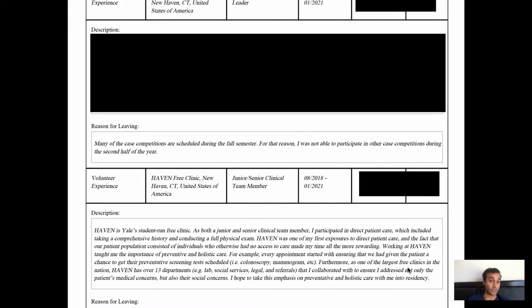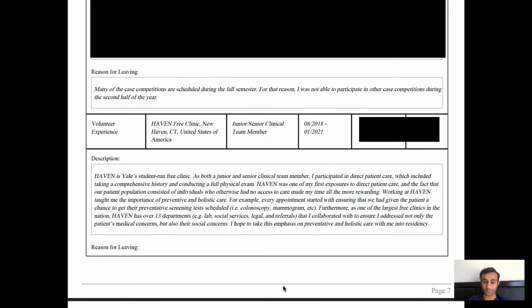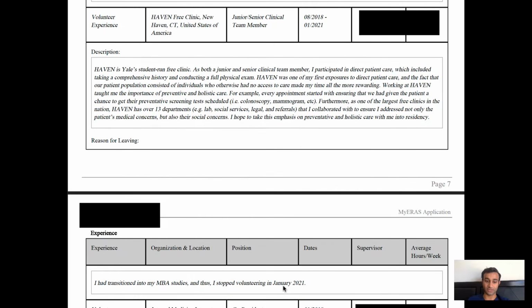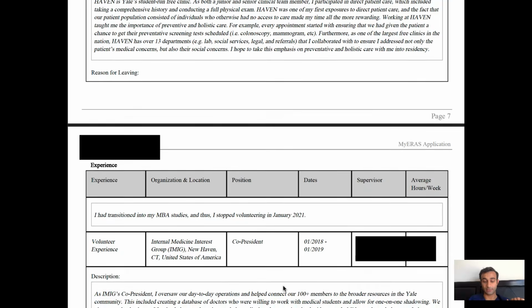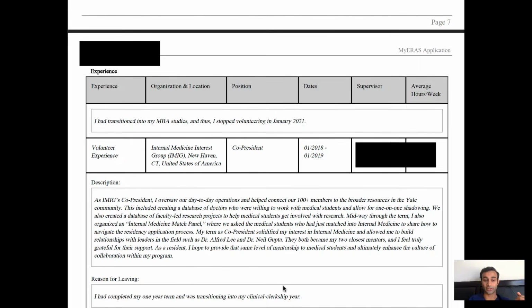I tried to provide them with the type of care that they would get at a normal primary care clinic, and then I also talked a bit about the fact that this primary care clinic we have at Yale, which is a free clinic, is very extensive, and ultimately why it was a meaningful activity for me. Notice that you also have a reason for leaving here. And for me, I've just mentioned the fact that I transitioned into my MBA year, and so I didn't have time to commit to med school at that moment, and so that's why I stopped volunteering at the free clinic.